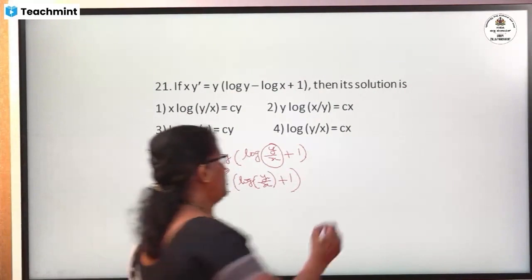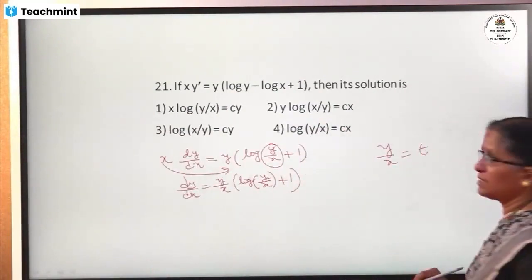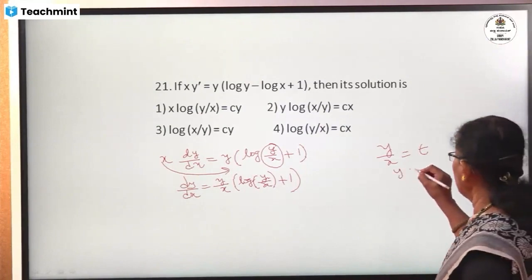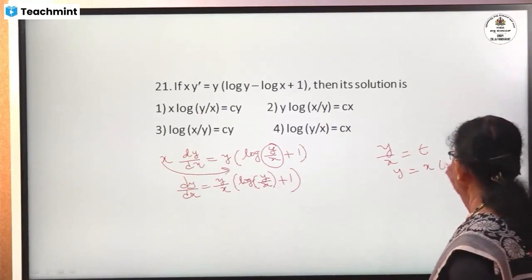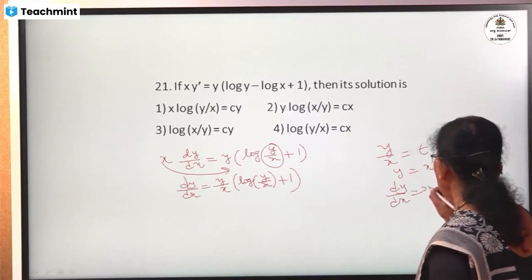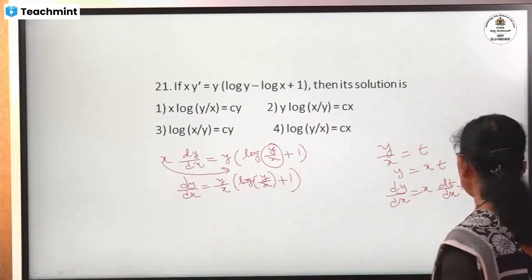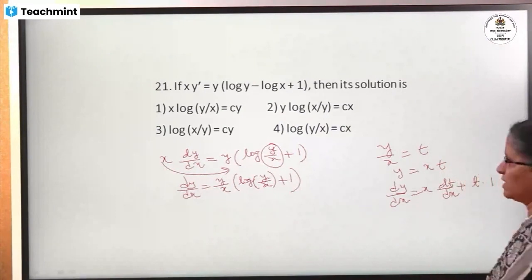Now, what I will do is, I will substitute y by x as some t. So what is y? x into t. So what is dy by dx? x into dt by dx plus t into derivative of x.